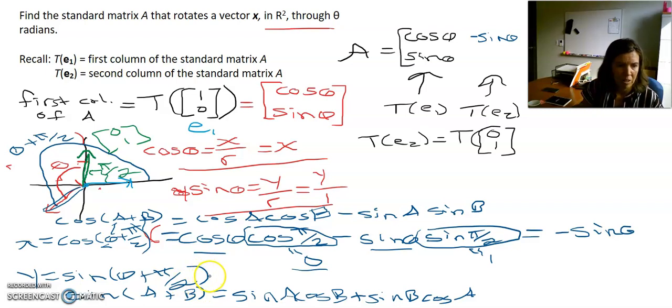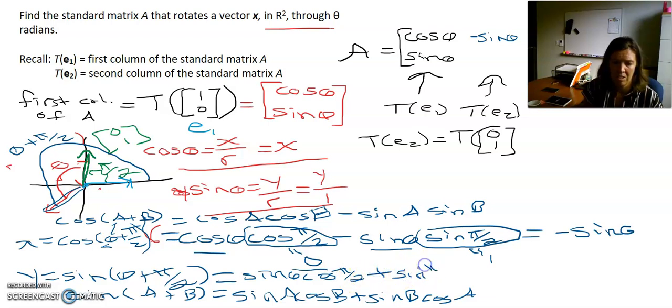Now applying the angle addition formula for sine, so sine of A, that's sine of theta, times cosine of B, that's cosine of pi over 2, plus sine of B, so that's sine of pi over 2, times cosine of A, that's cosine of theta. Okay, cosine of pi over 2 right here, that's 0.